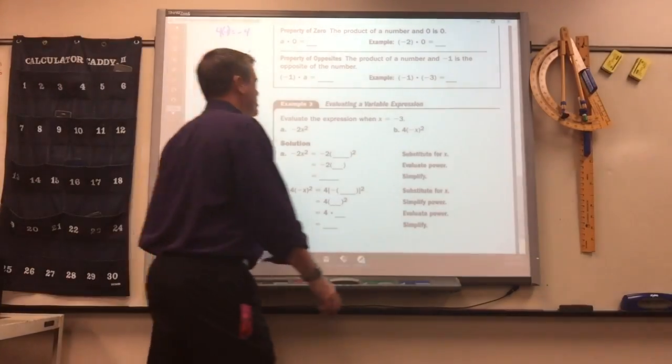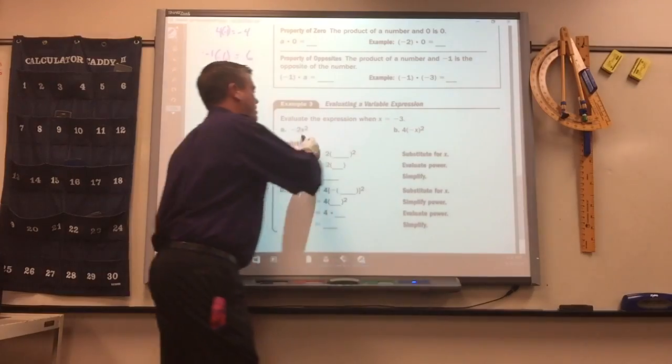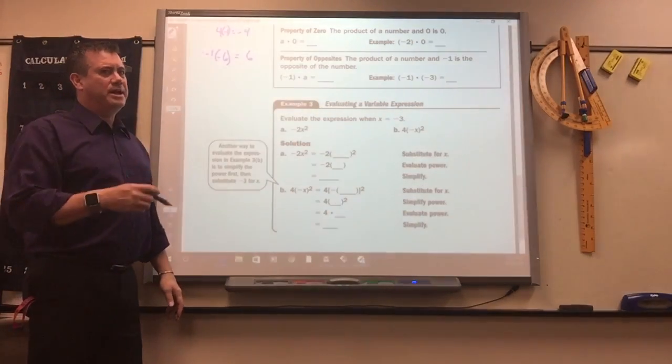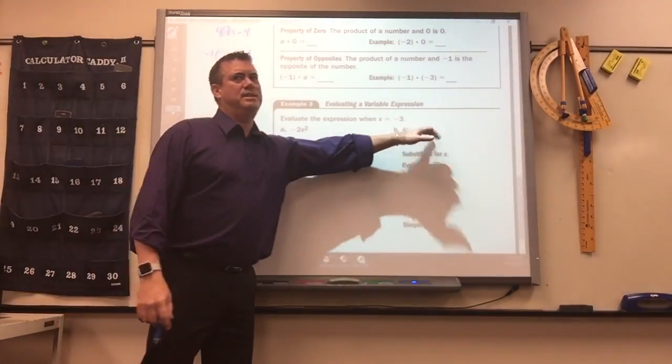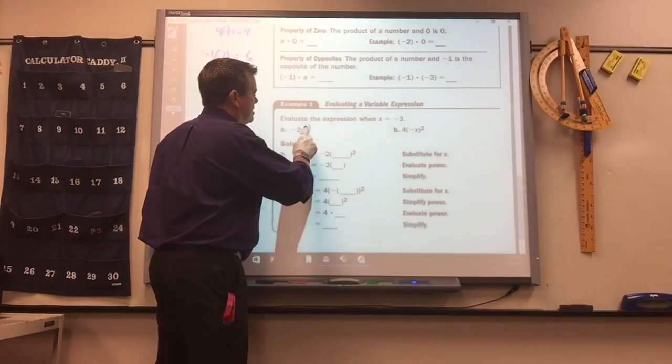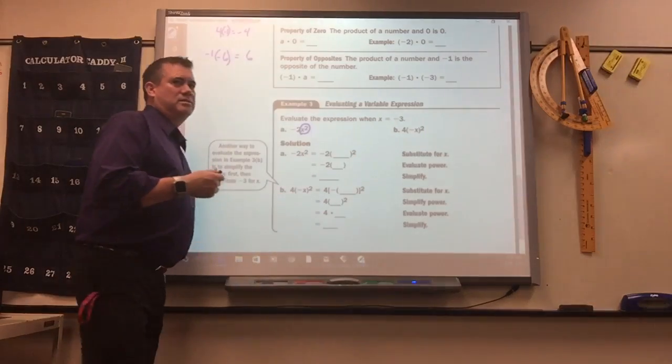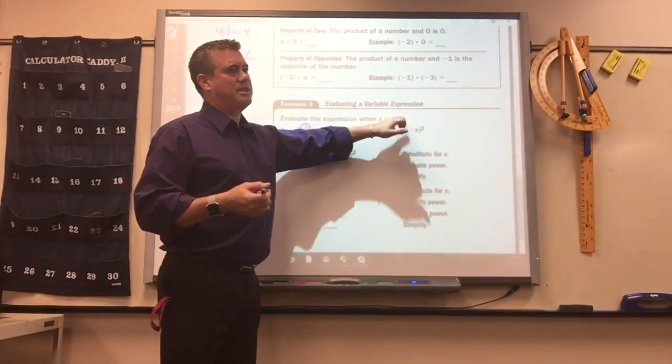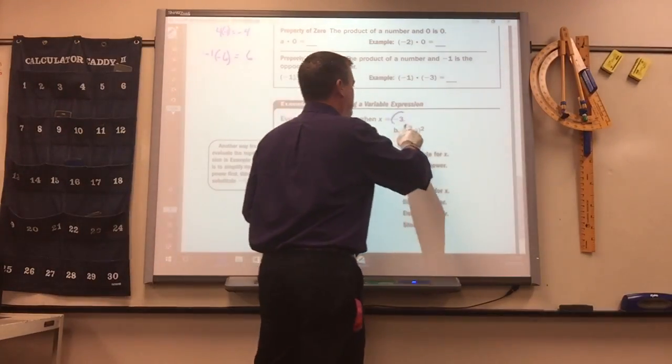Evaluating. All it is you're going to put the number in and then use your calculator to figure it out. So again, these exponents are the ones you need to know how to use. This says you take the x and you square it. So the x is a negative 3, which means you take that and square it.